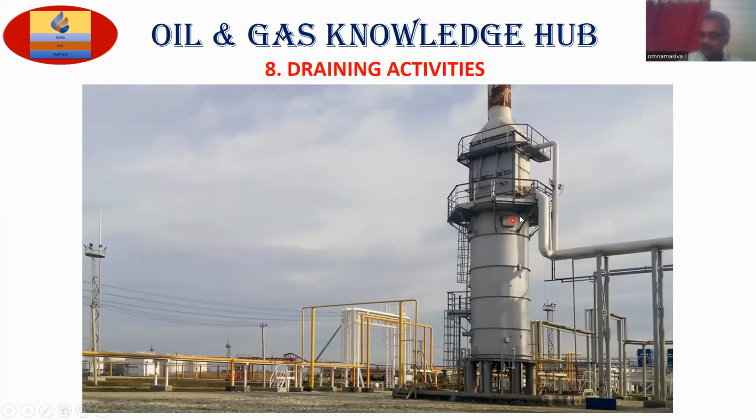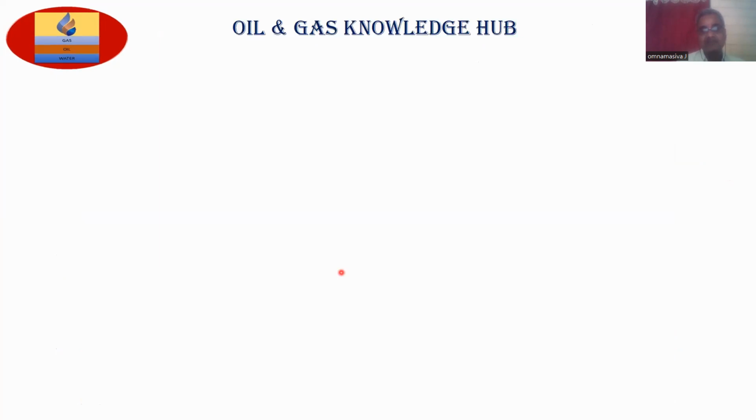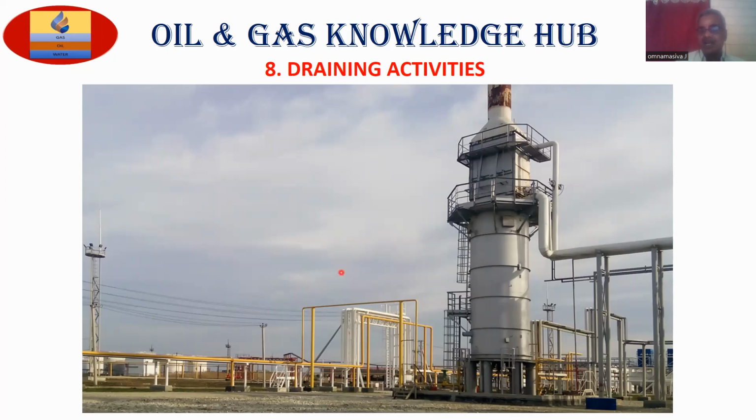This is a furnace, air preheaters are there. We will discuss in a later video. It will take a long time. Already we have discussed it also earlier. So you can see a video of these furnaces.